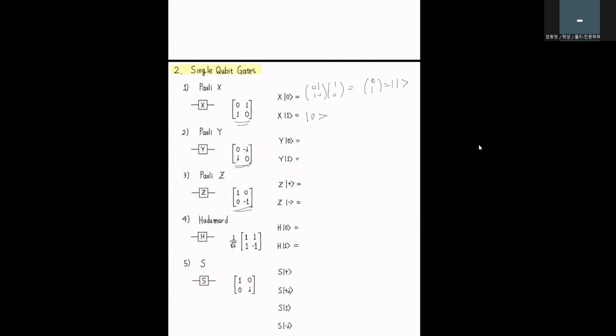And Y on 0, of course, we get, here, which is basically i times 1. Physically, this is equivalent to just 1. And of course, for here, we get i because i times 1, minus i.